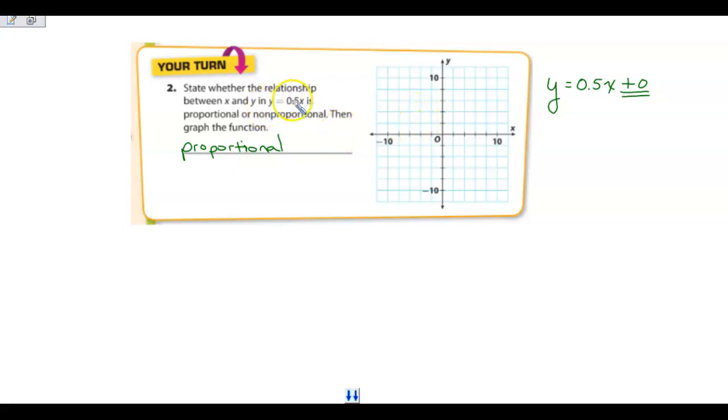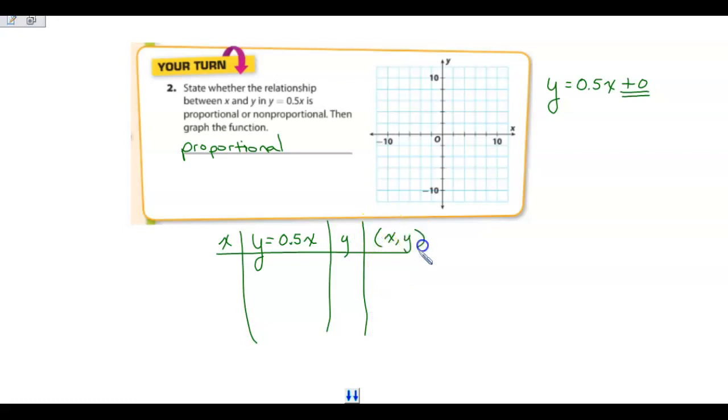And if I were to find some ordered pairs, if I have x and then y, and then I have my ordered pair of x and y. If I have x is 0, 0.5 times 0 is 0. So my ordered pair is 0, 0.